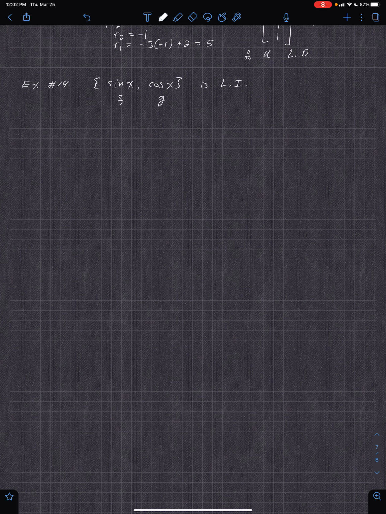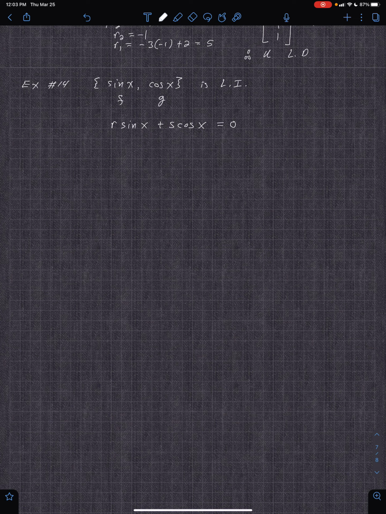So the whole goal is to show r sine x, I'll just say r and s is fine, and then s cosine x equal to 0. So I keep saying the only way to get that is 0.